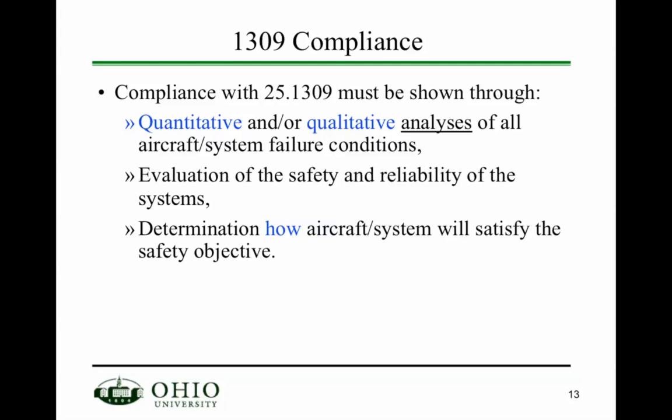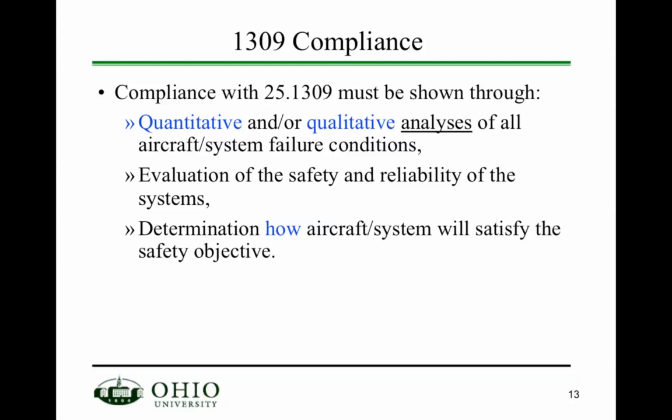So you need to evaluate the safety and reliability of the systems, like we said, and determine how these aircraft and systems will satisfy the safety objective. Now, if you determine for a particular system that the criticality is catastrophic, then you have to make sure that system really meets that criticality level.